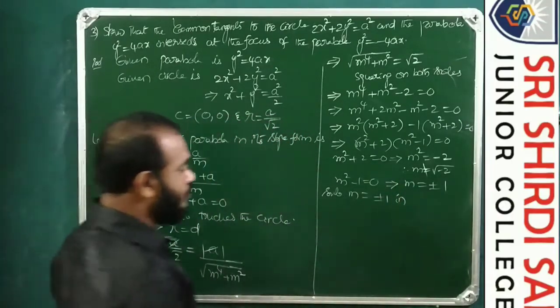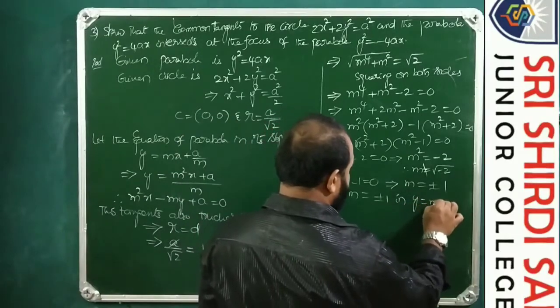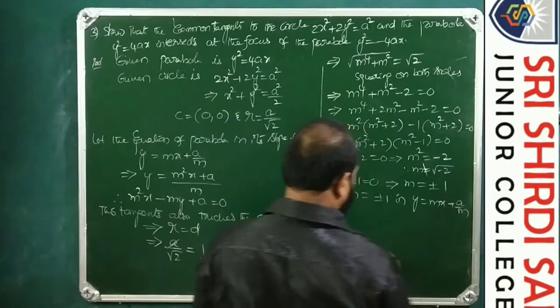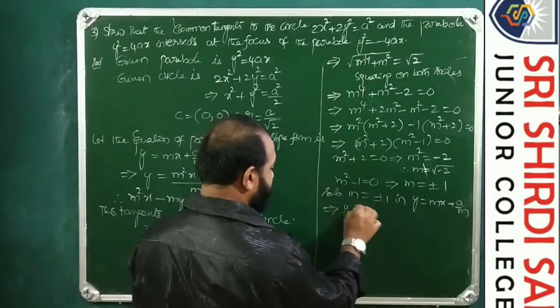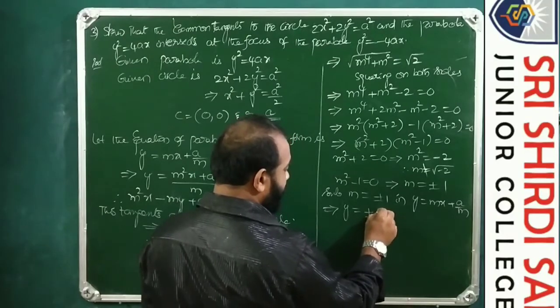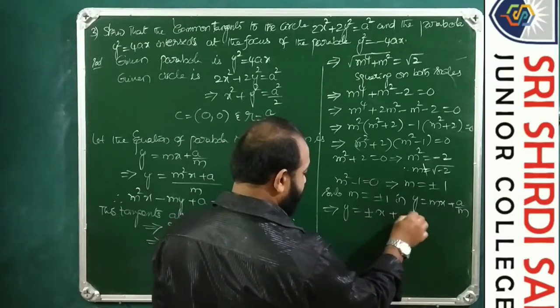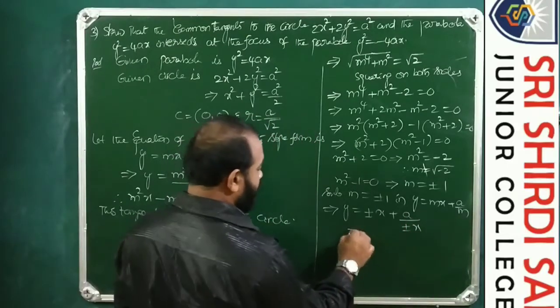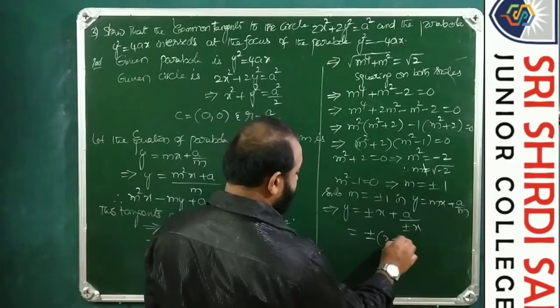y is equal to mx plus a by m. That is y is equal to m, which is plus or minus 1, x plus a by plus or minus 1. So this is equal to plus or minus x plus a.